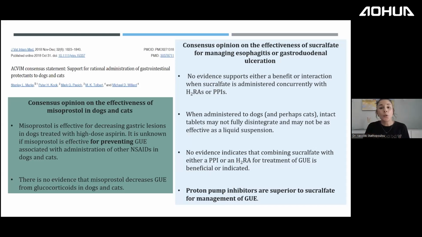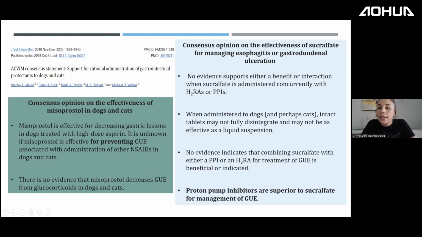So you orthopedics out there, if you want to give non-steroidals, especially long-term or high dosages, please use misoprostol instead of any other medication that does nothing as a protective agent. Okay. And of course, there is no evidence that it decreases the gastric ulceration from glucocorticosteroids.